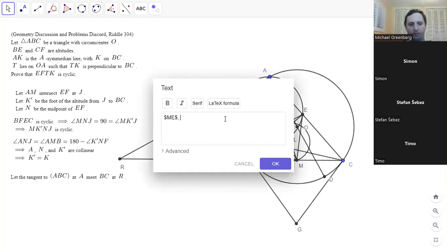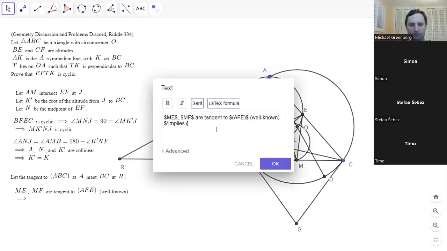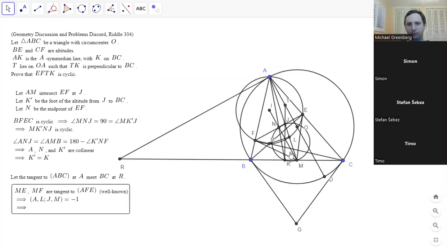That means that A, L, J, and M are harmonic. And that means that KJ bisects angle AKL.